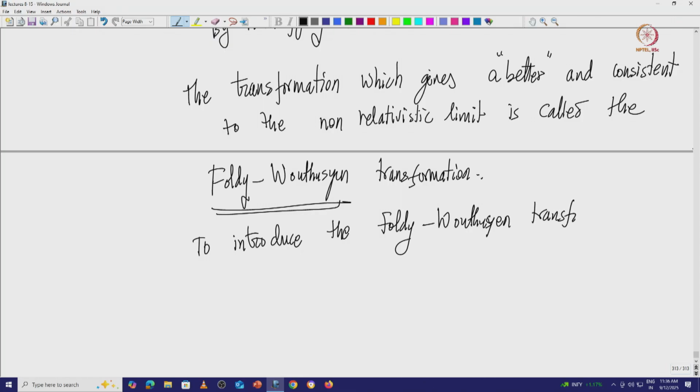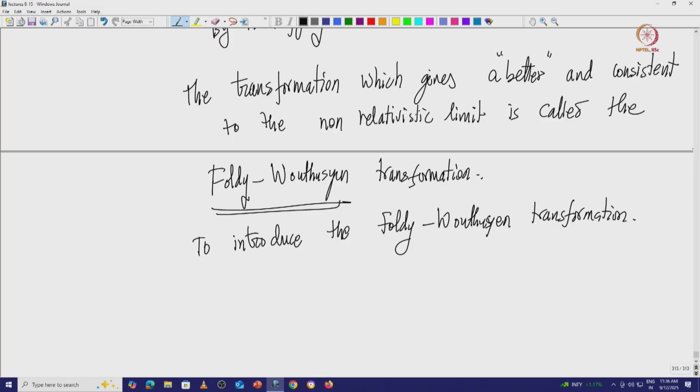Now this transformation takes the relativistic equation to a non-relativistic equation by a series of unitary transformations, unitary rotations essentially.